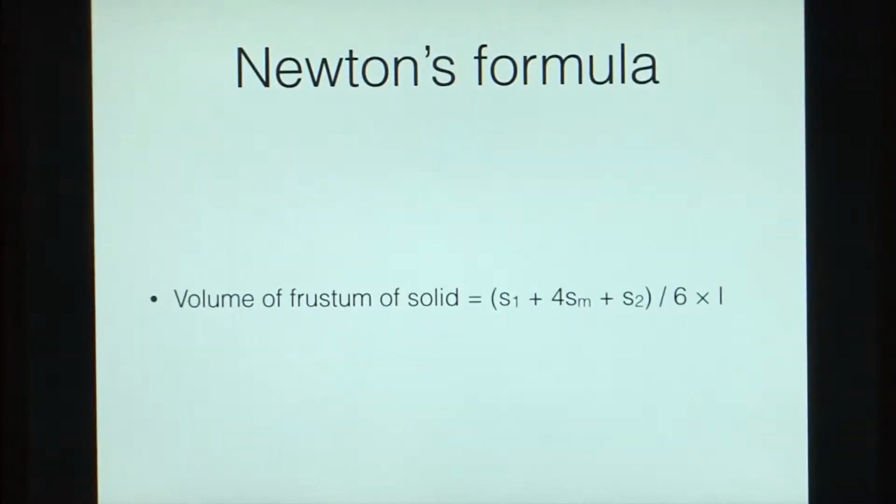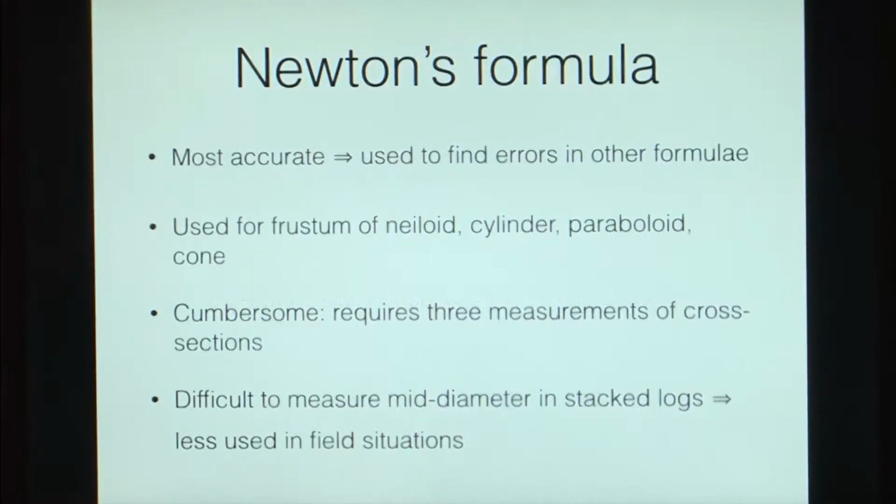Newton's formula is considered to be the most accurate formula. In this case we multiply the length of the log by 1 by 6 of S1 plus S2, where S1 and S2 are the end surface areas or end basal areas, plus 4 times the middle basal area. That is Newton's formula.